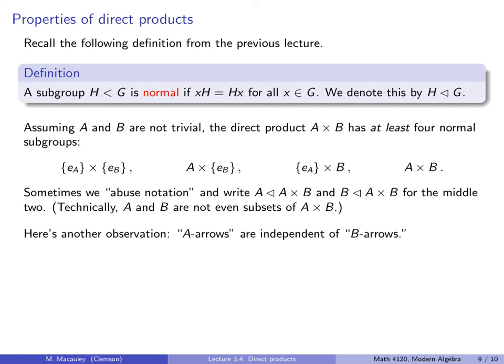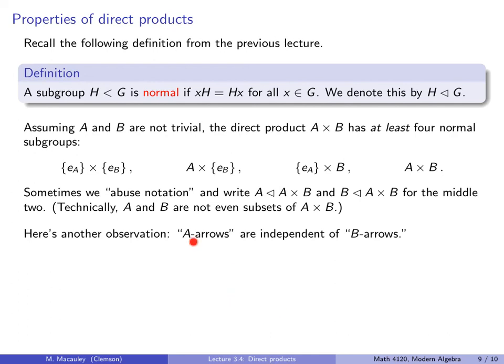Here's another observation, and in quotes, A arrows are independent of B arrows. So remember in the previous Cayley diagrams when we had these rectangular grids, if we followed, say, a red arrow horizontally in one direction and then a blue arrow vertically, that was the same as doing the blue arrow and then the red arrow.